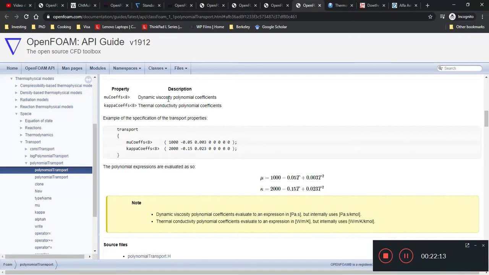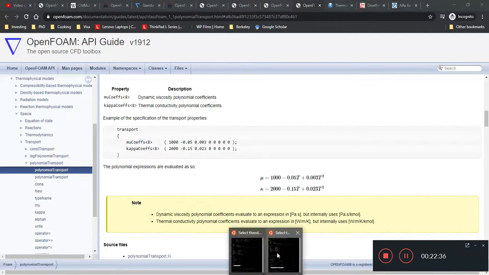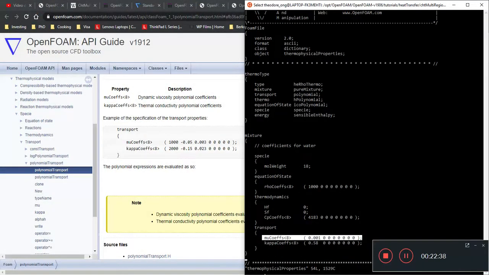This one's for dynamic viscosity, this one's for thermal conductivity. So yes, we want something like this. It will give us a little bit more flexibility when it comes to defining our mu and our kappa. This one actually gives us a lot more flexibility.